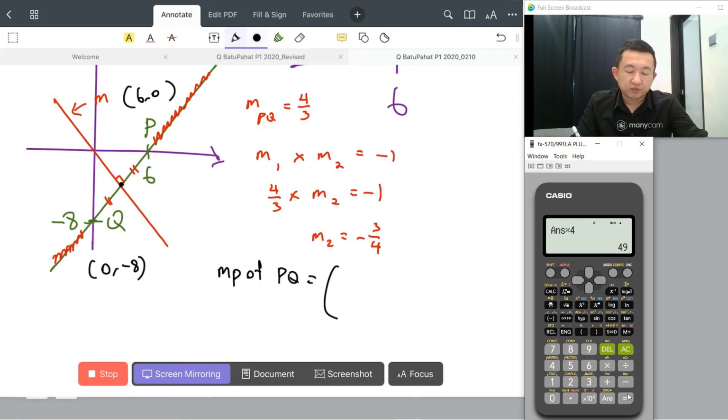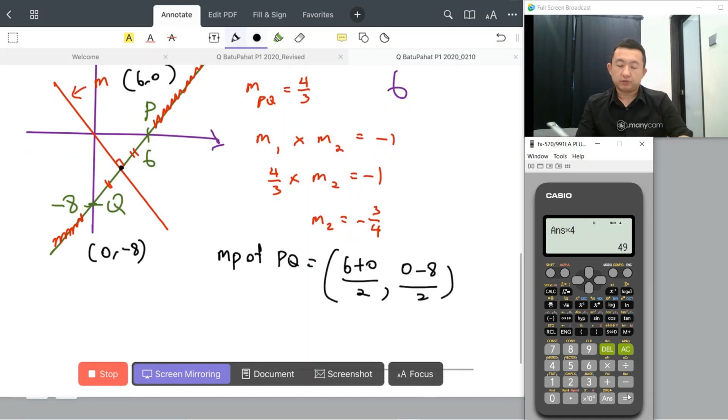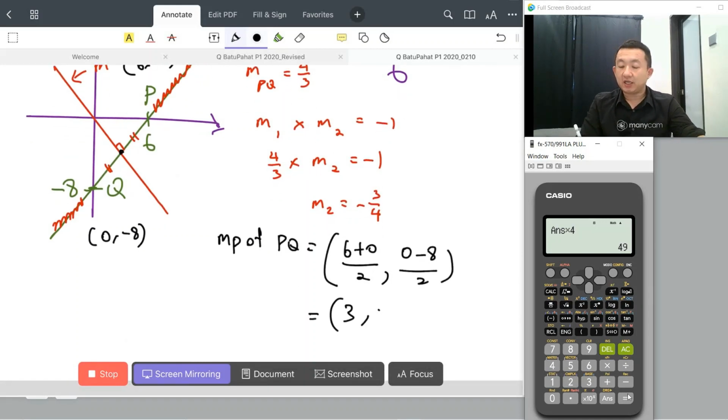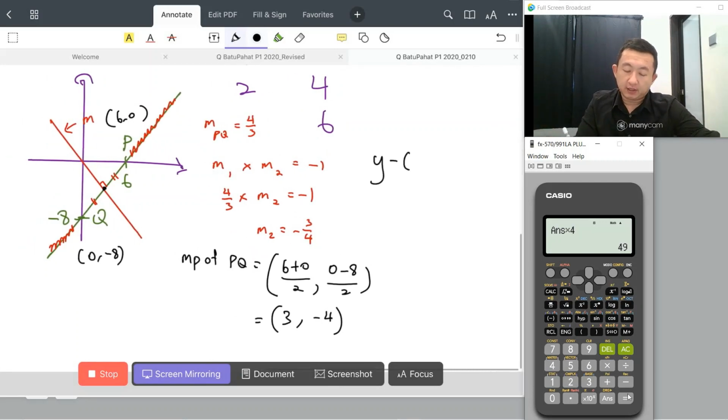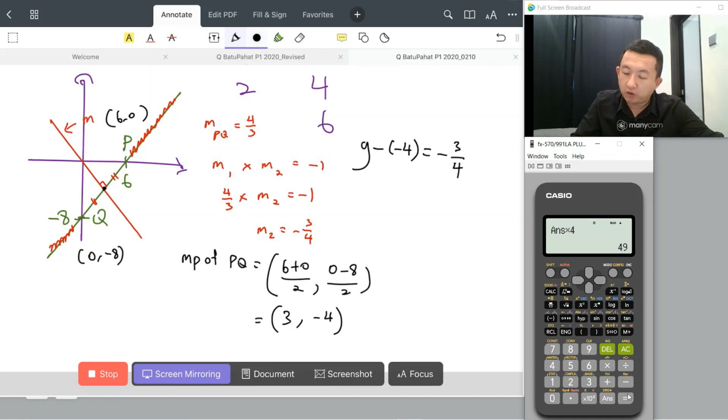So x1, x2: 6 plus 0 divided by 2. y1, y2: 0 plus negative 8, 0 minus 8, divided by 2. Midpoint: 3, negative 4. We can have y minus negative 4 equals negative 3 over 4 bracket x minus 3.